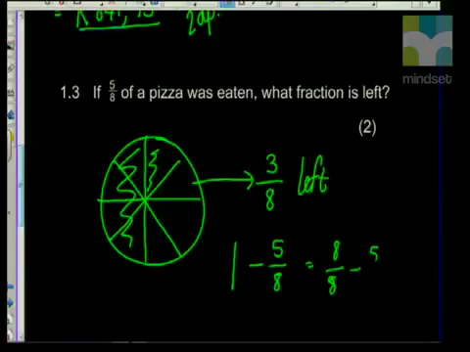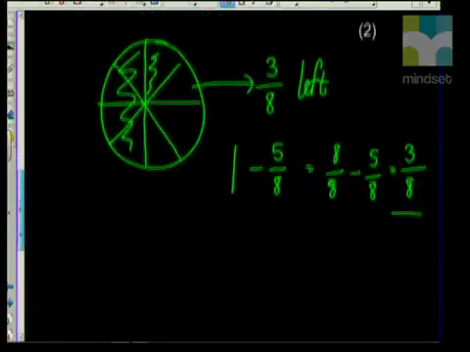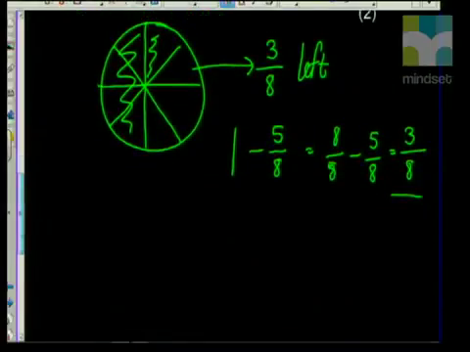And then I'm taking away 5 eighths. And because I'm subtracting fractions, it should have the same denominator. So I'm going to keep the 8. And then 8 take away 5 is 3. So that's where we would get the 3/8 from. And that's the end of question 1.